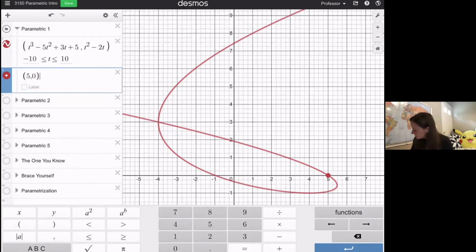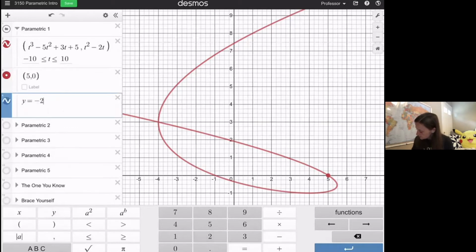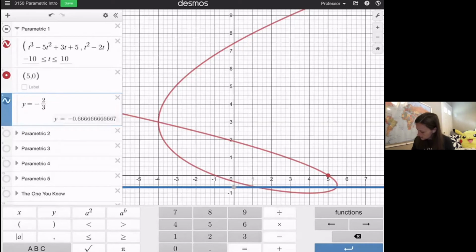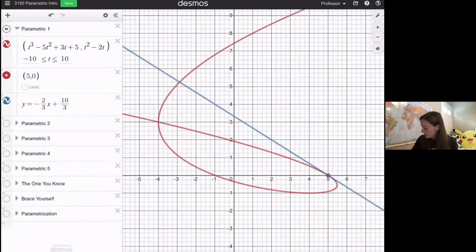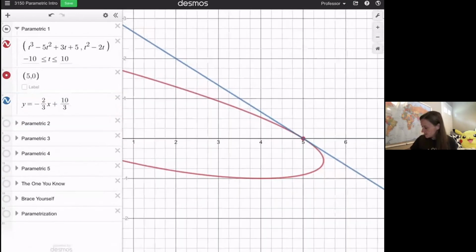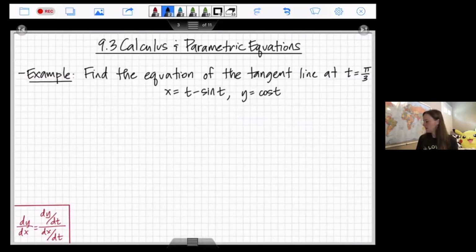Then what was our equation? We had y equals negative 2/3 x plus 10/3. Thankfully, it looks like that exactly gives us a tangent line at the point 5 comma 0. So it works, great. Let's go do another example.